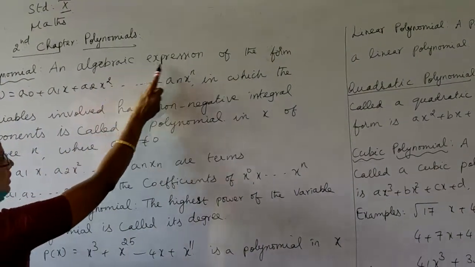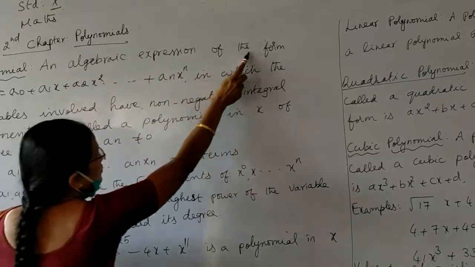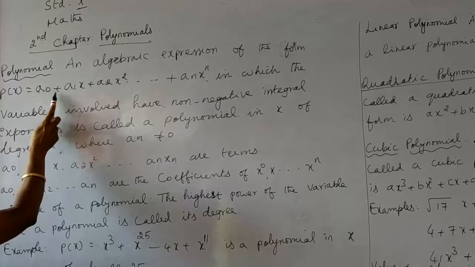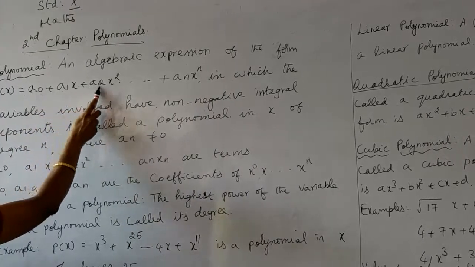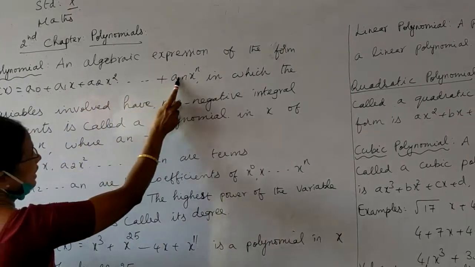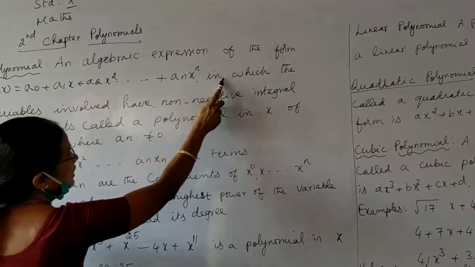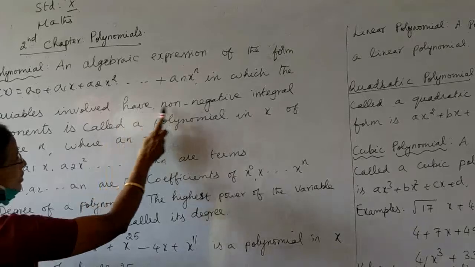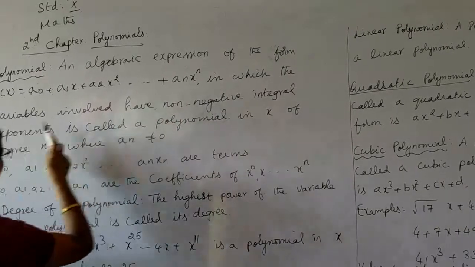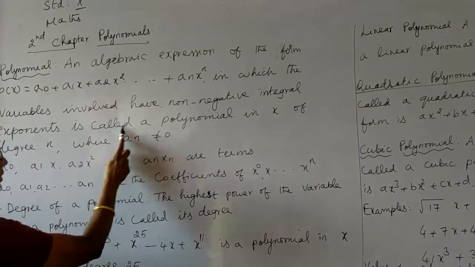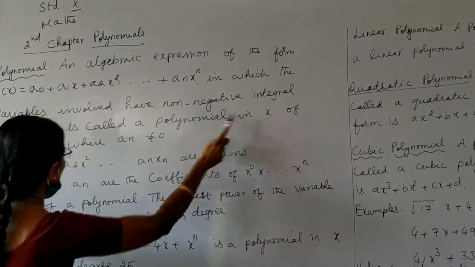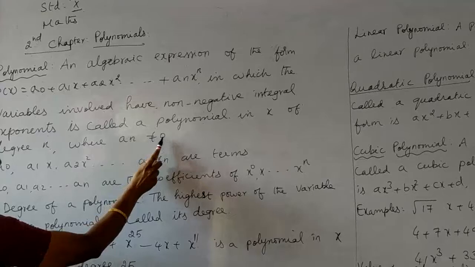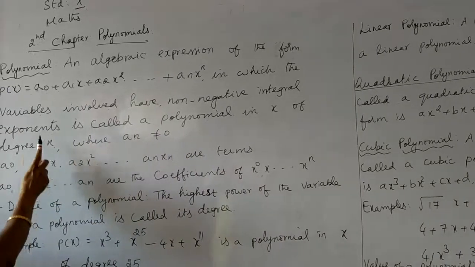An algebraic expression of the form p(x) equals a0 plus a1x plus a2x square up to an x raised to n, in which the variables involved have non-negative integral exponents, is called a polynomial in x of degree n, where an is not equal to 0.